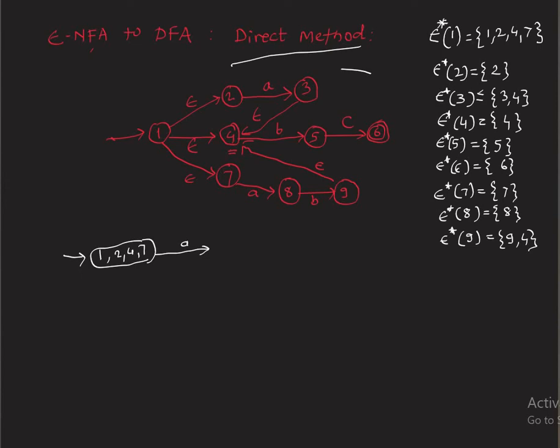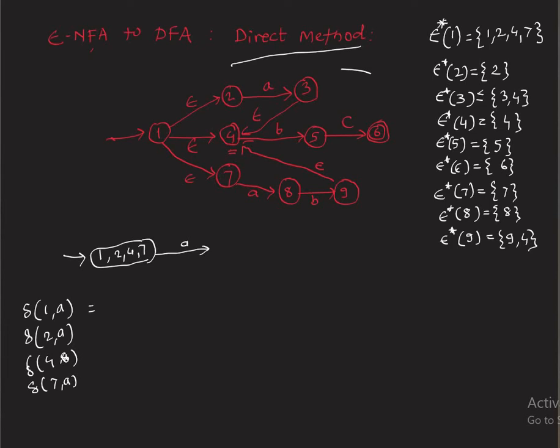So basically we are just finding out the transitions: delta of 1 on A, delta of 2 on A, delta of 4 and A, and delta of 7 on A.